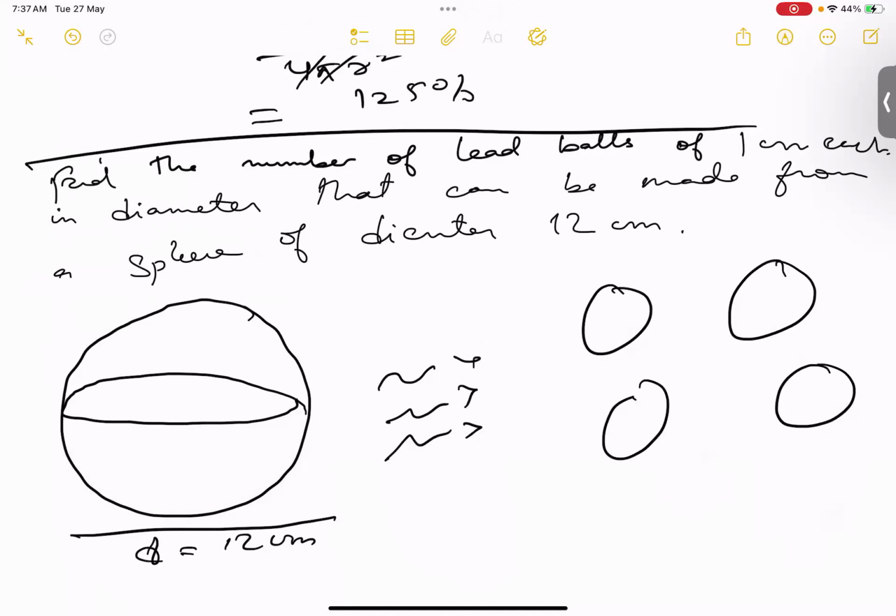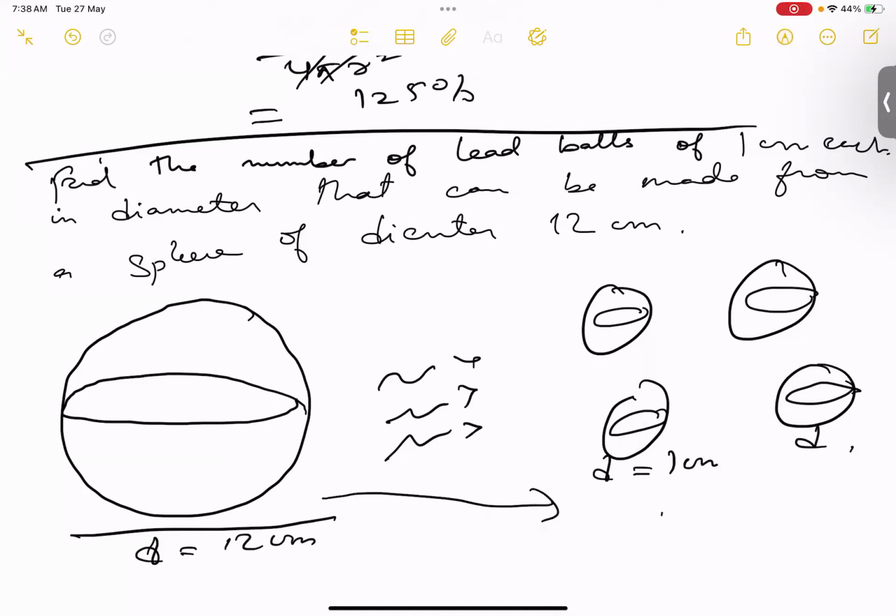All of these spheres are identical, okay? Each of these spheres has a diameter of 1 centimeter. We don't know how many spheres can be made out of this, okay? We have to find that n number of spheres.